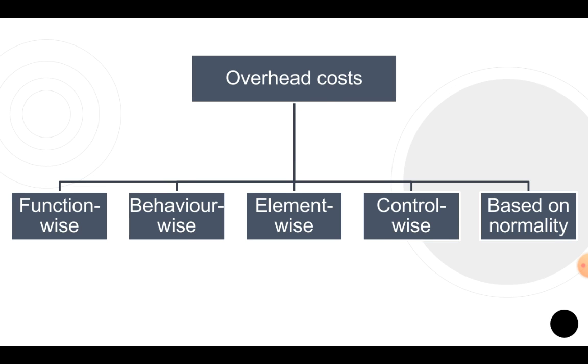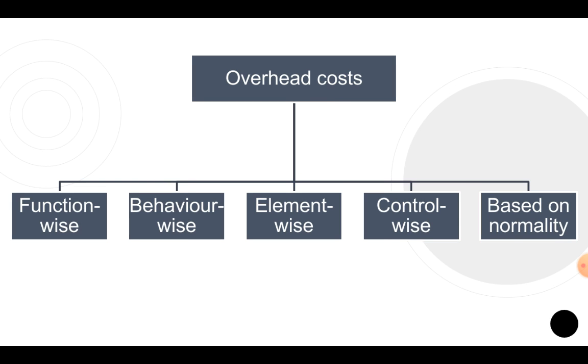Okay, so controllable costs are those costs which can be controlled by the managerial decisions, and they are influenced by the decisions made by the managers. That is, you can reduce these costs. Whereas uncontrollable costs are those costs which cannot be controlled, which you cannot reduce even though the managers take action on them.